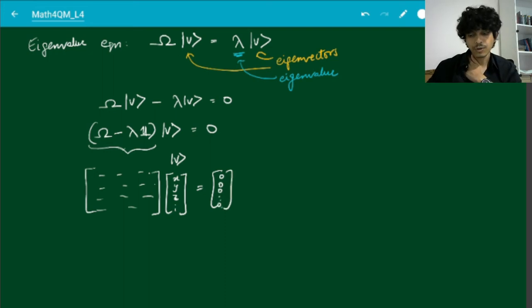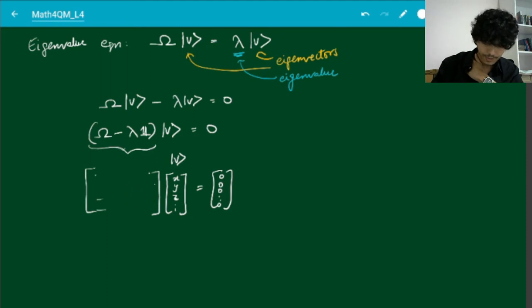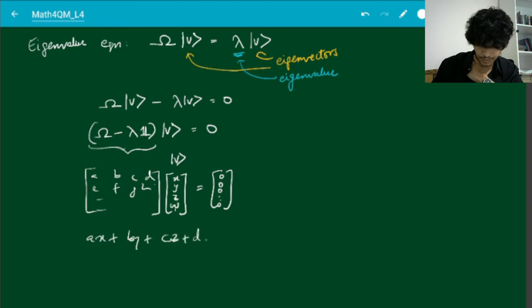So this is like solving a family of linear equations, right? So these numbers over here are A, B, C. Suppose this was 4 cross 4: A, B, C, D, E, F, G, H and so on. Then solving the equation AX plus BY plus CZ plus DW, let's say, is equal to 0.